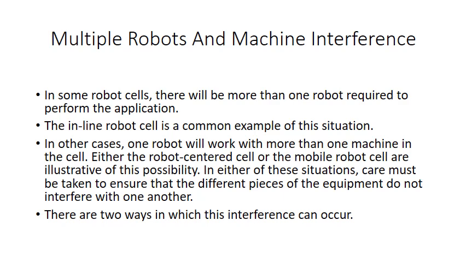In either of these situations, care must be taken to ensure that the different pieces of the equipment do not interfere with one another. There are two ways in which this interference can occur.